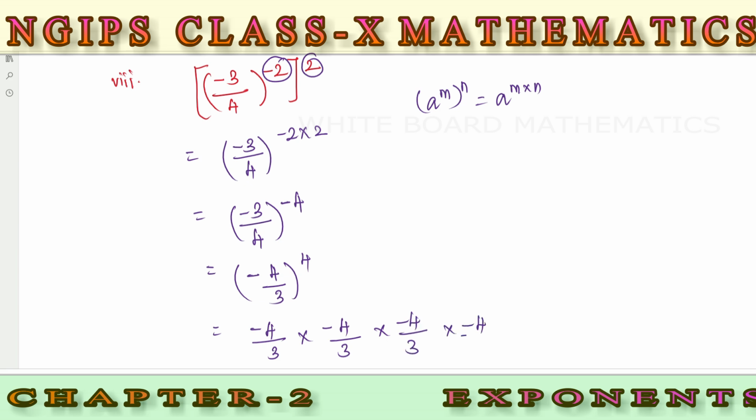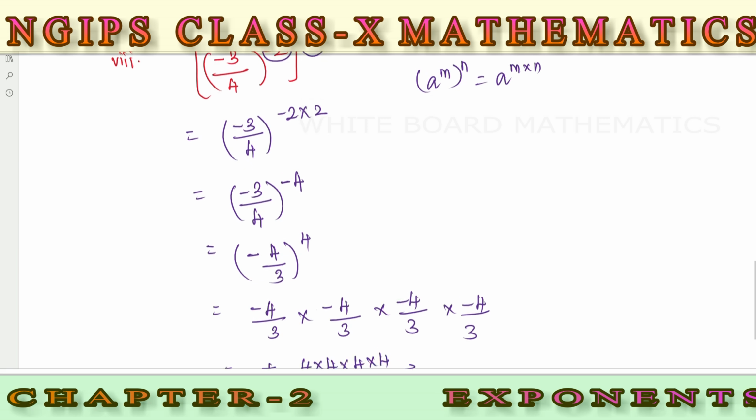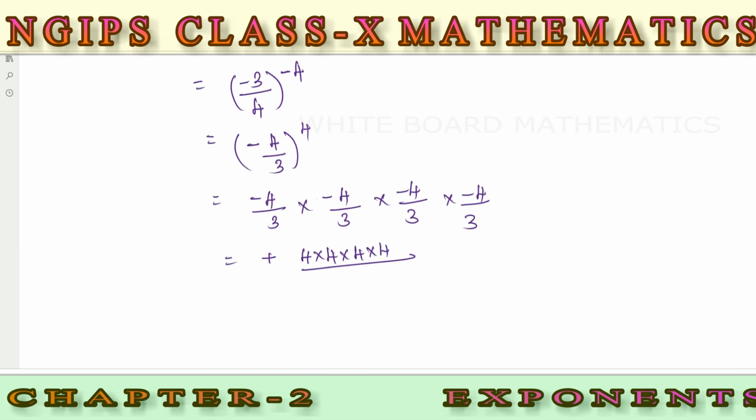Minus into minus is plus, plus into minus is minus, minus into minus is plus. Overall we got plus. So all numerators we multiply, 4 into 4 into 4 into 4, divided by the denominator, 3 into 3 into 3 into 3.